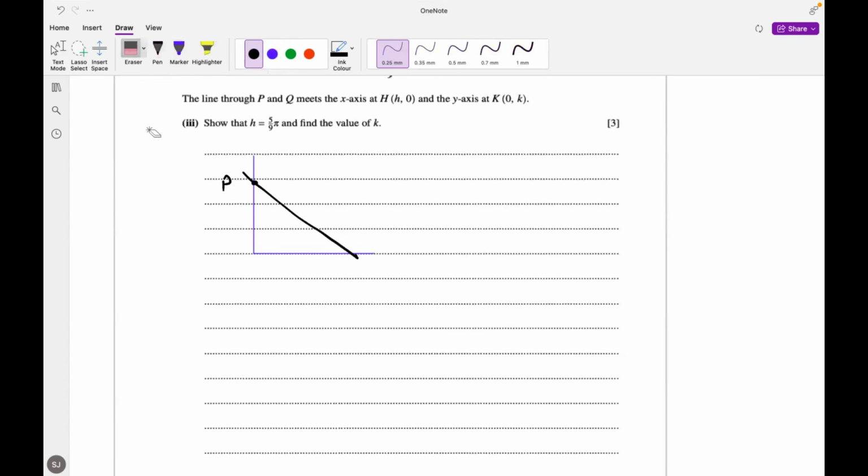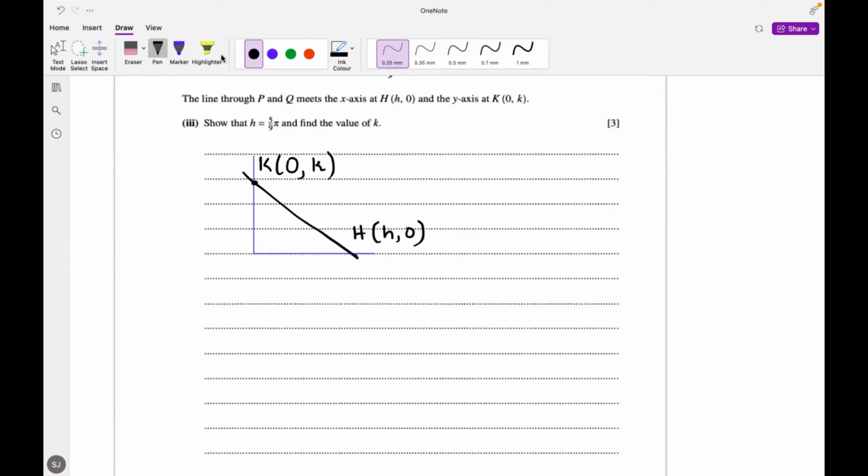It is intersecting the x-axis at the point h comma 0. So the point h has coordinates h comma 0, and the y-axis at k, so k will be 0 comma k.